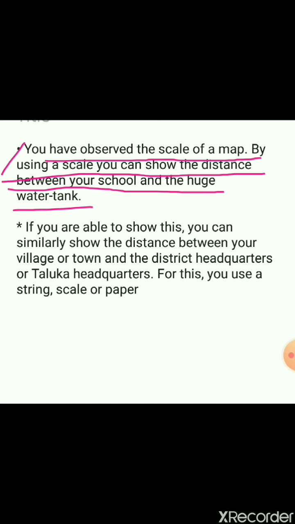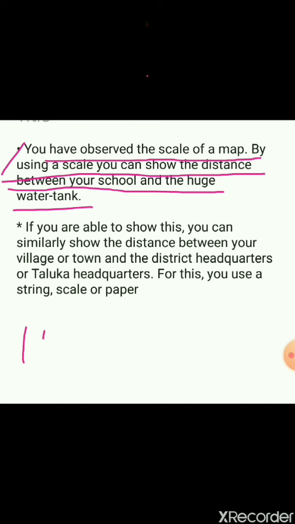And another thing you can do here is the school and the huge water tank. You are not there in the school, so what you need to do, if you are living in a building or at your own house, everyone must have a water tank, right? So your activity today is from your house to the water tank, how many kilometers it is far away. You need to do that.